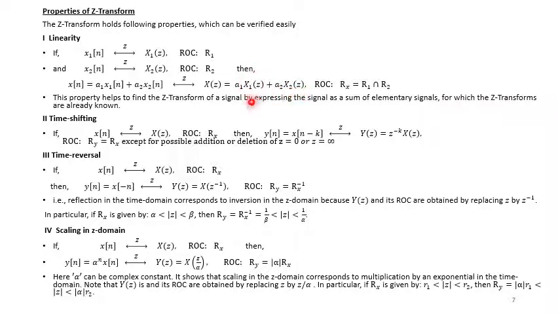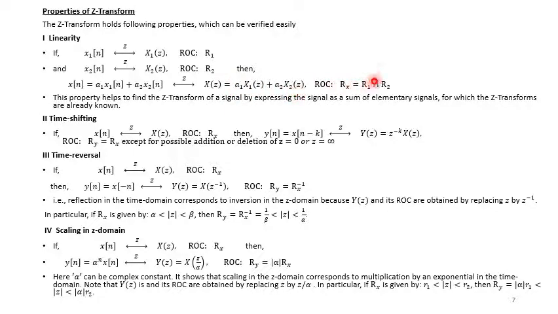If you look at the original equation, because x1 is scaled by a factor of a1, its transform, which is x1 of z, is also scaled by a factor of a1, and a similar argument applies for x2 of n. The important thing is that the expression will be this one.